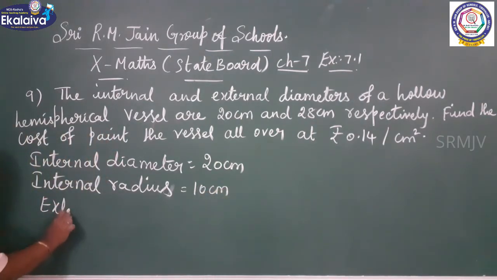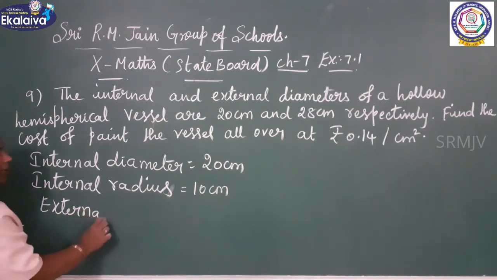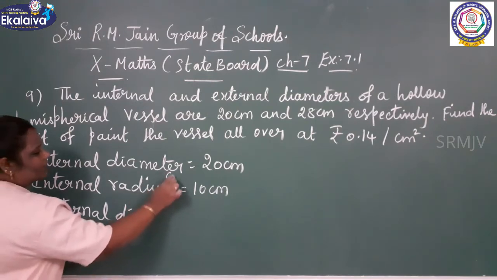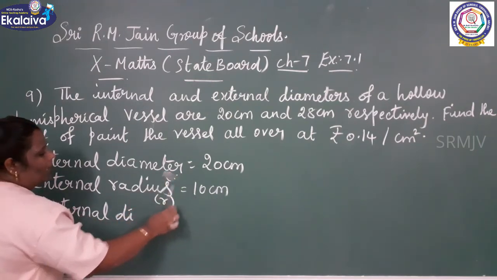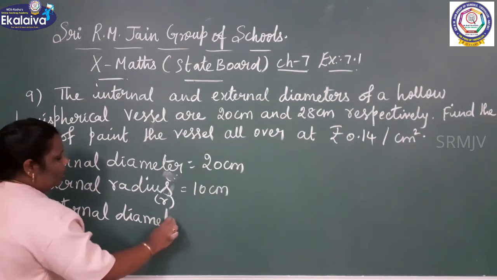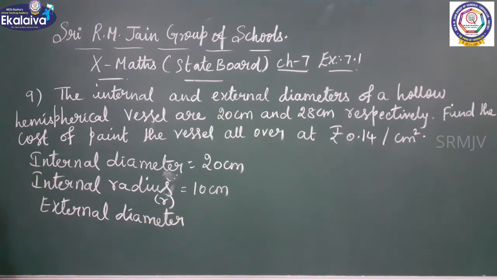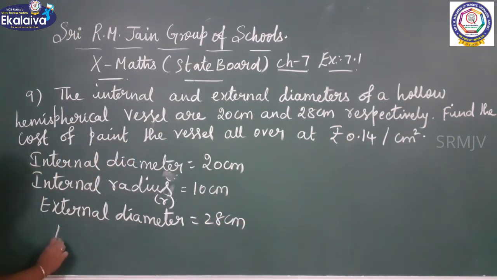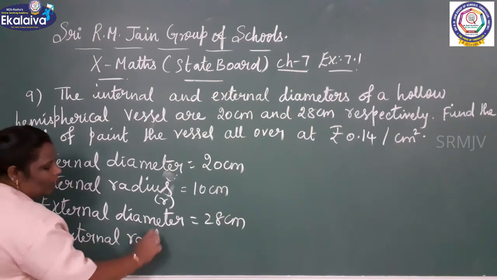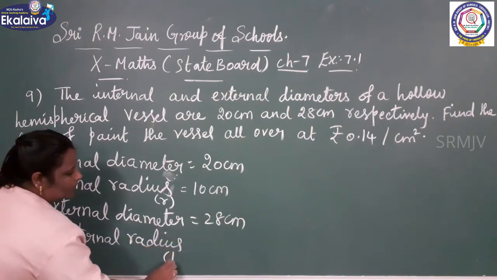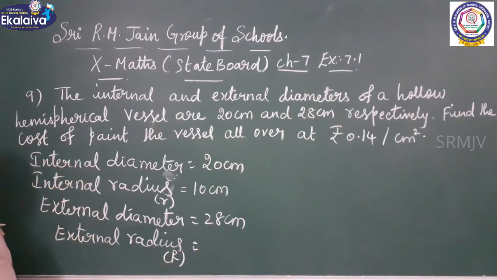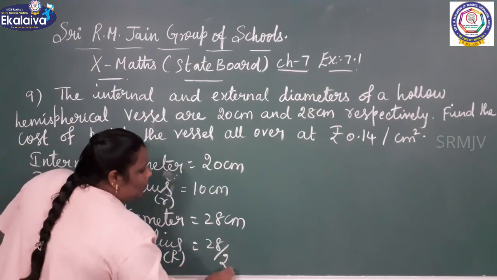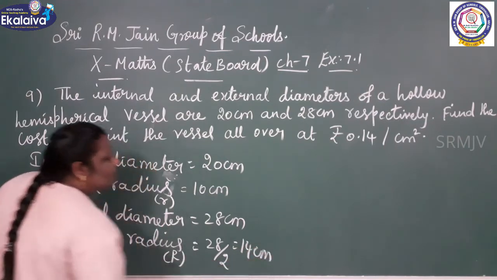External diameter is equal to 28 centimeter. External radius, capital R, is equal to 28 by 2, which is 14 centimeter.